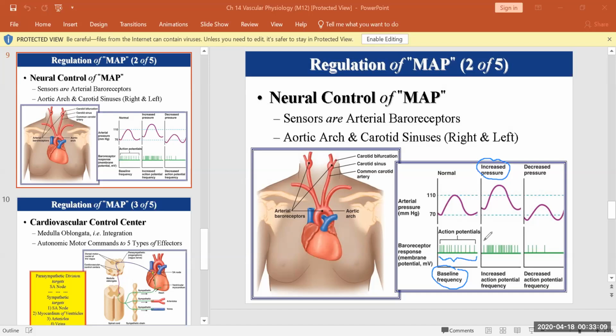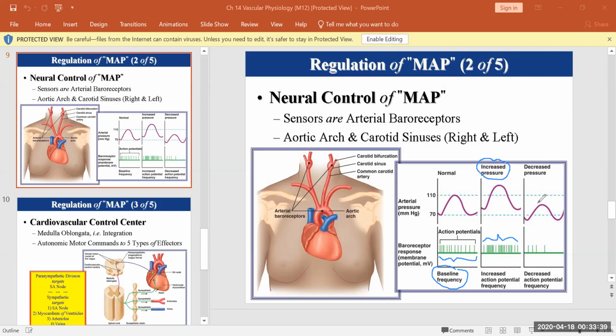So here you see there's much more action potential being generated and transmitted back to the medulla oblongata, right? That's how the central nervous system is notified that the blood pressure in these blood vessels has increased. And then it sends a response to bring everything back to homeostasis.